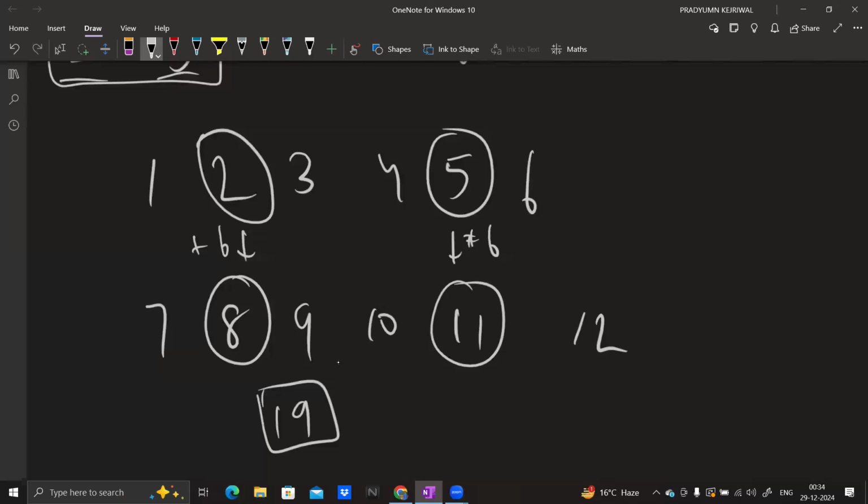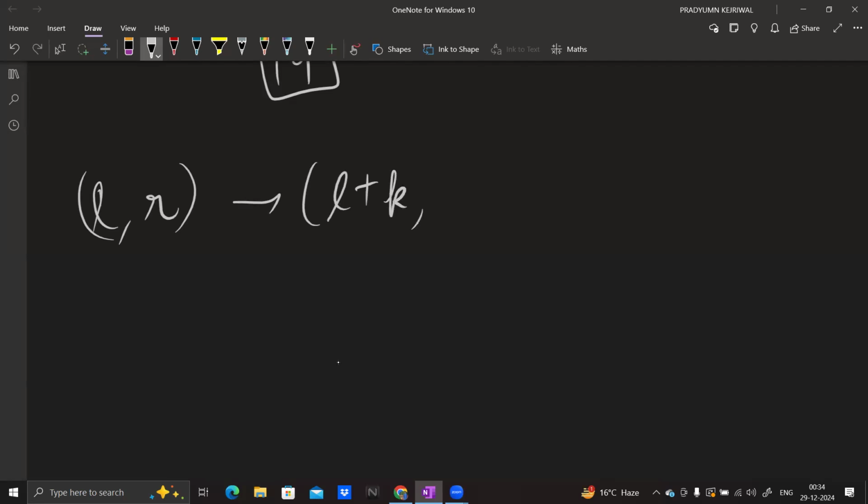So now the problem is solved, because you can just store two things. Basically my problem is: if I have the answer from L to R, can I calculate the answer for L plus K, comma R plus K?